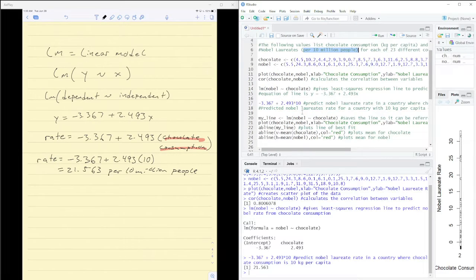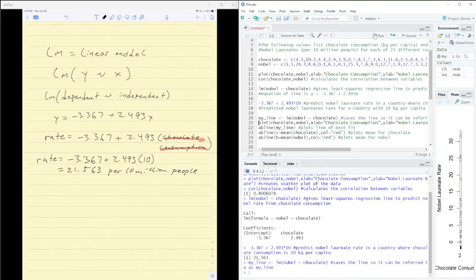So let's see what this line looks like against the plot. I'm going to save the line. I'm going to call it my line just to save it so I don't have to type it over and over again.